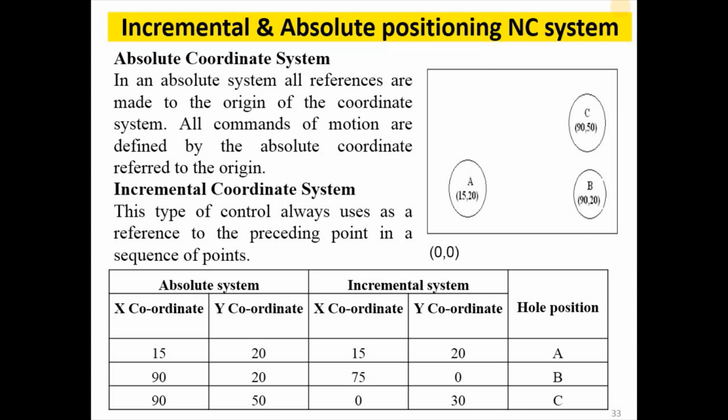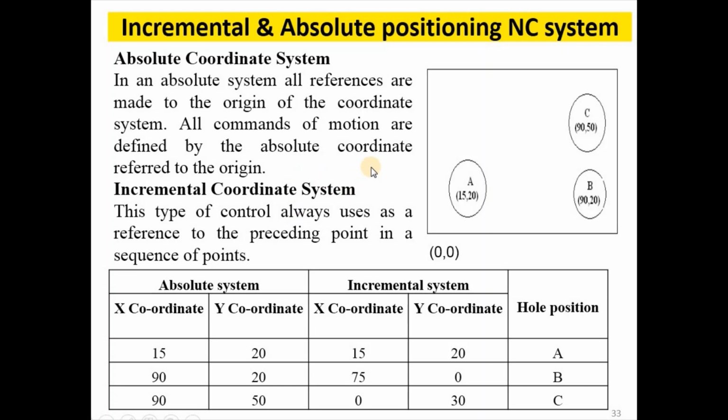After completion of the second hole, again we have to come to the origin point, 0, 0, and again put in 90-50 for hole number C, the third. So this is the absolute coordinate system. We have to follow the origin as the reference point: reference from the origin to A, reference from the origin to B, and reference from the origin to C.